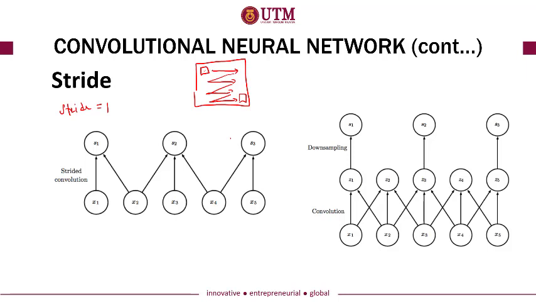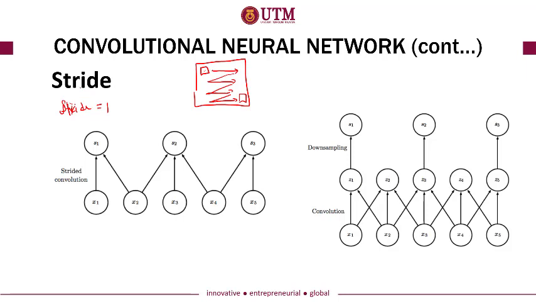Okay, so why do they use the stride? Of course, for those who took image processing, we don't have this, because by default we always assume that our stride is equal to 1.